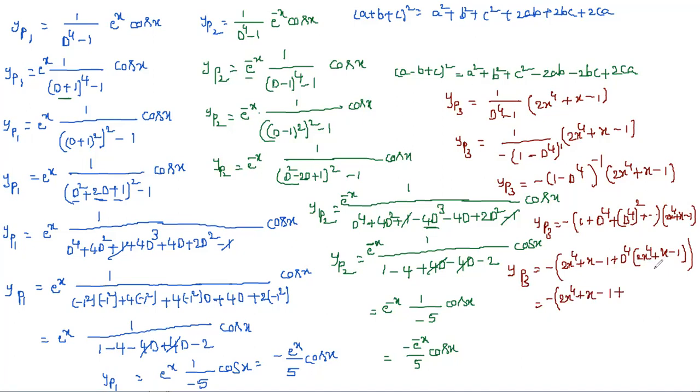If you apply one time derivative, what will we get? 8x cube plus 1. Apply 2 times, that is nothing but 24x square.